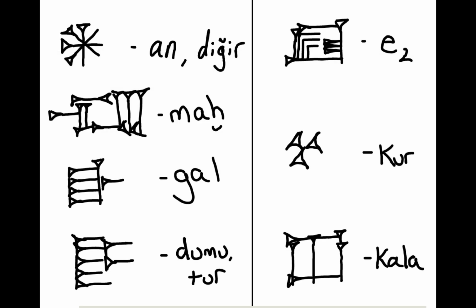So, upper left, that's the On sign. It's also read Dingir. That's the Mach sign. I can't remember if Megan talked about this, but there are basically two types of wedges. There's a wedge that's straight and it has a triangular head, and they can go horizontal, vertical, or diagonal.